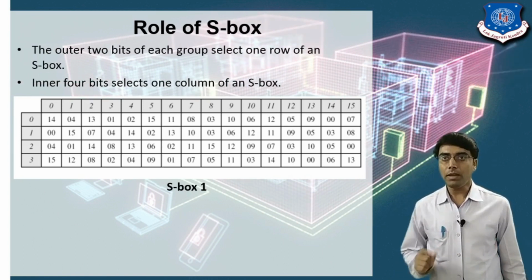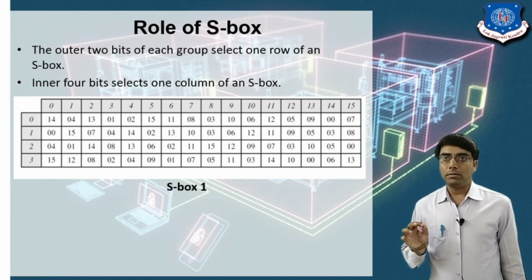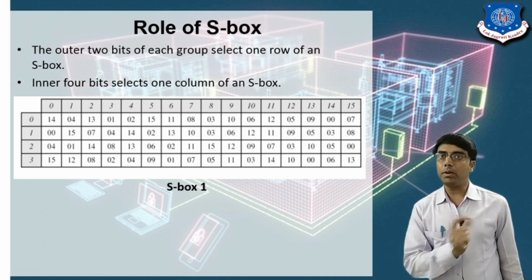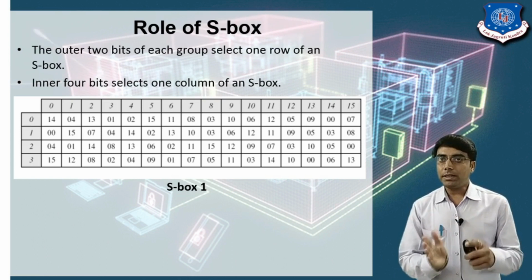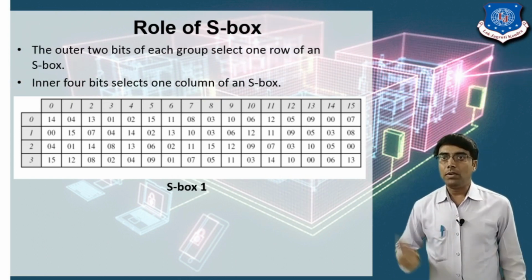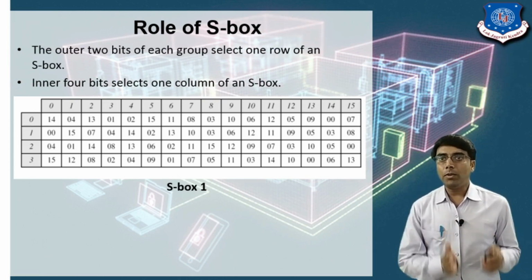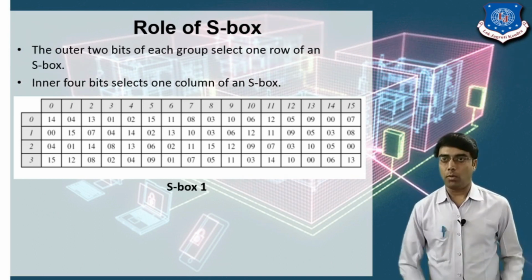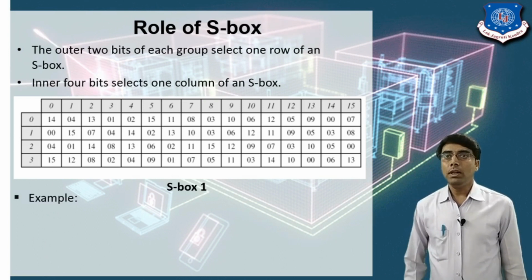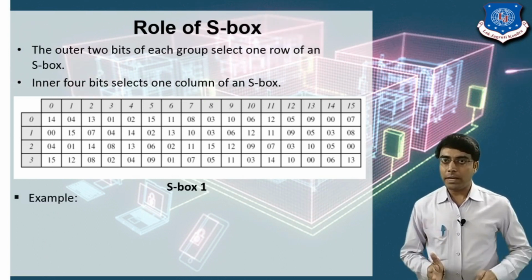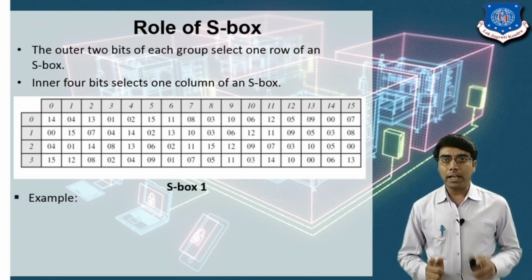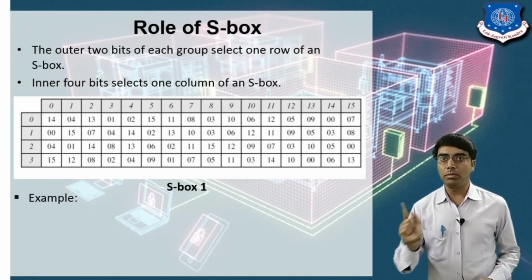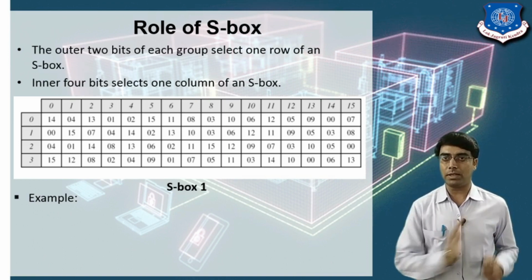Now here, the main goal of an S box is the intersection of a row and column. The intersection of a row and column will generate the 4-bit output. Let's see how. There are a total of 6 input bits in the S box, B1, B2, B3, B4, B5, B6.